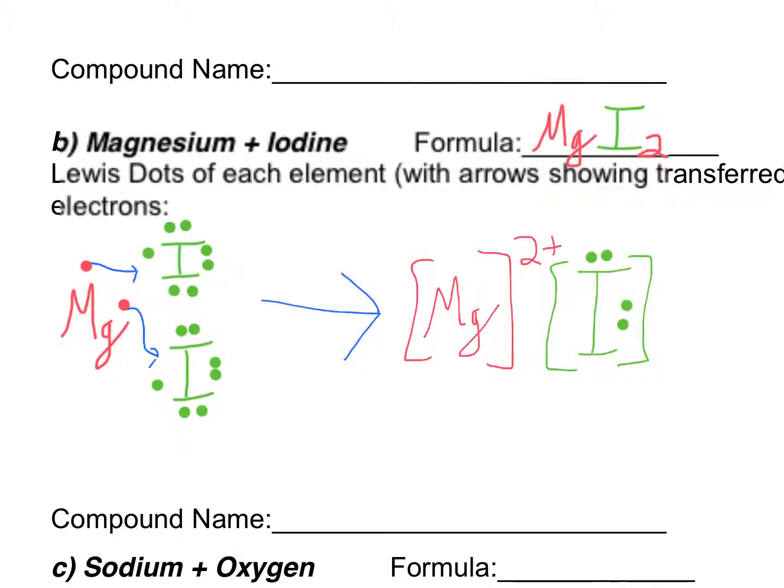It has 8 valence electrons, and now it has a -1 charge. And we have a 2nd iodine that has 8 valence electrons. 1, 2, 3, 4, 5, 6, 7, 8. And because it has also gained an electron, it is also a 1- charge.